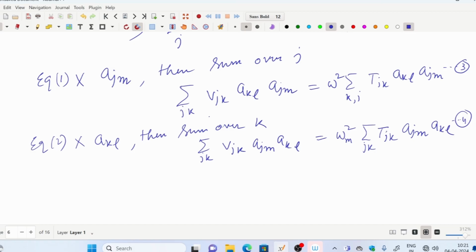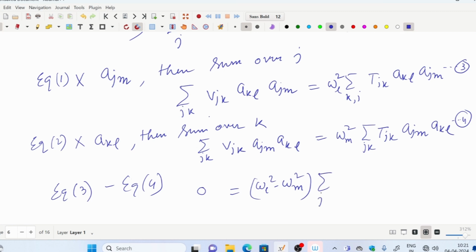So, now if we subtract equation 4 from equation 3, we get 0 equal to omega L square minus omega m square, then sum over j k T j k A k L A j m.